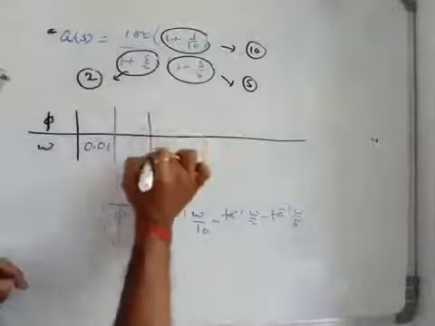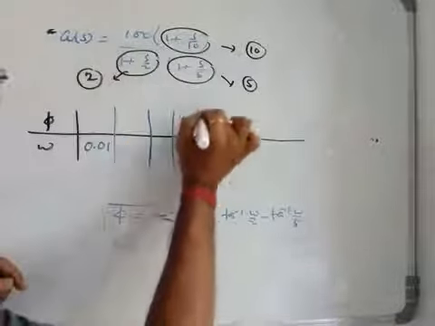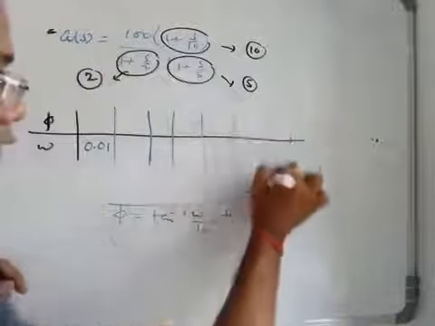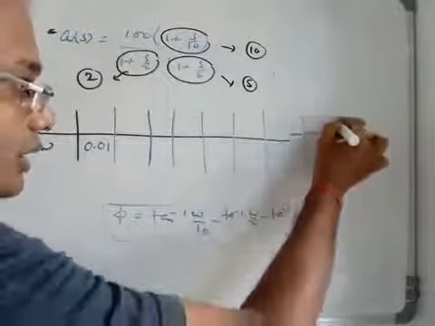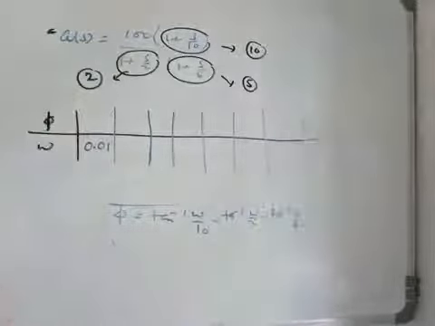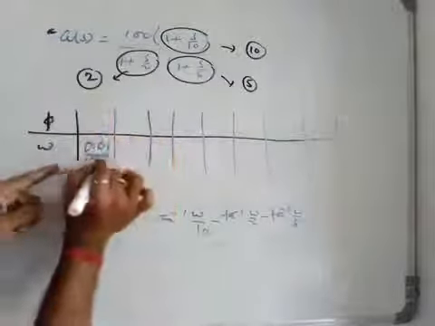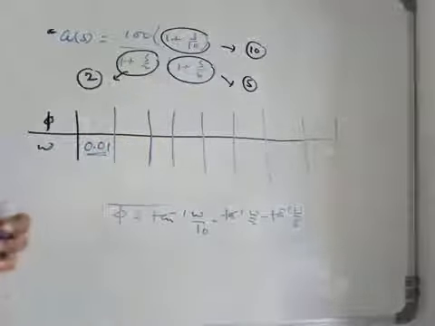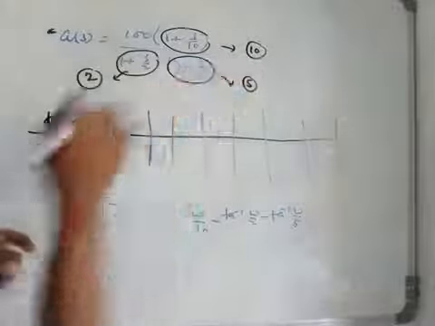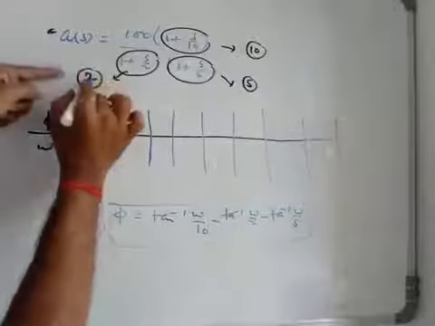So we have to consider the corner frequencies. That is the standard procedure I follow, and by this procedure you can solve any kind of problem. So this is 0.01, that is the initial frequency. Next we will consider the corner frequencies.